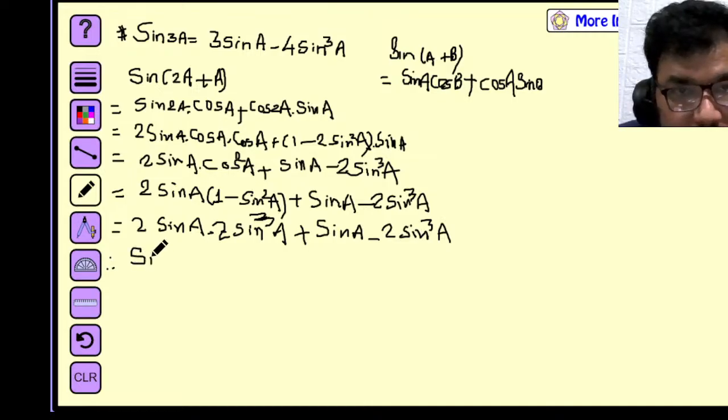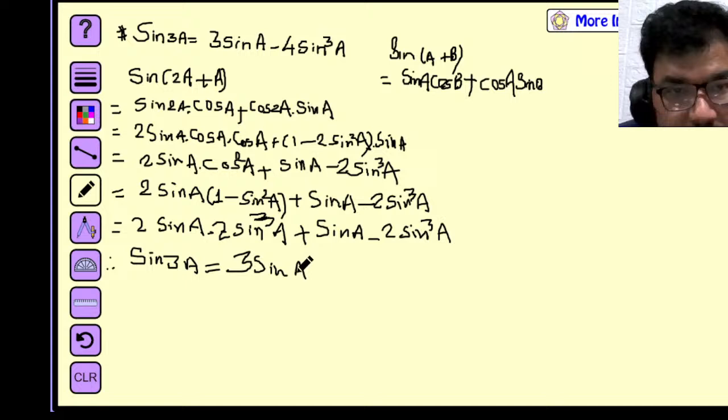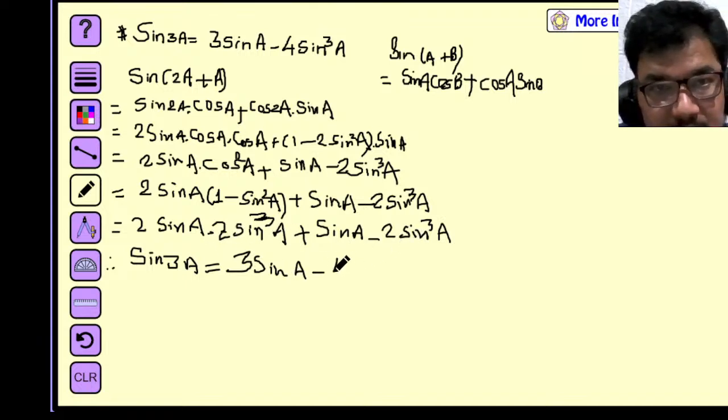We have the formula now, sin 3a equals 3 sin a, look, 2 sin a plus sin a means 3 sin a, minus this 2 sin cube a and 2 sin cube a, it will now be 4 sin cube a.